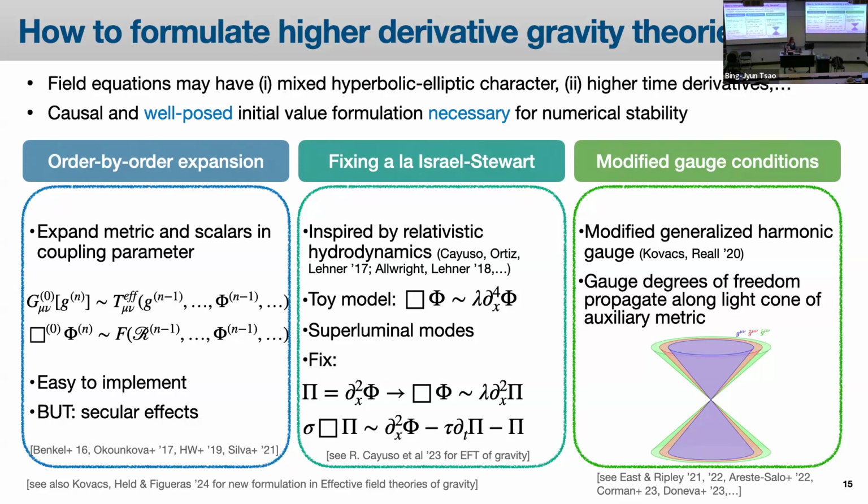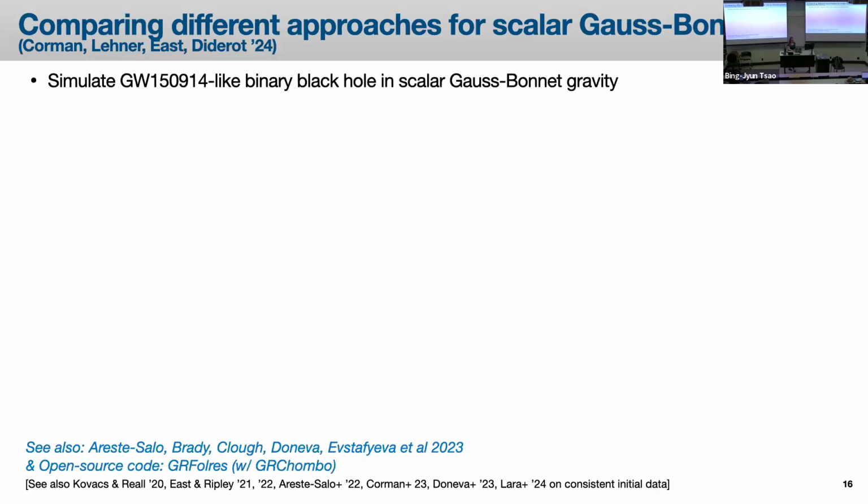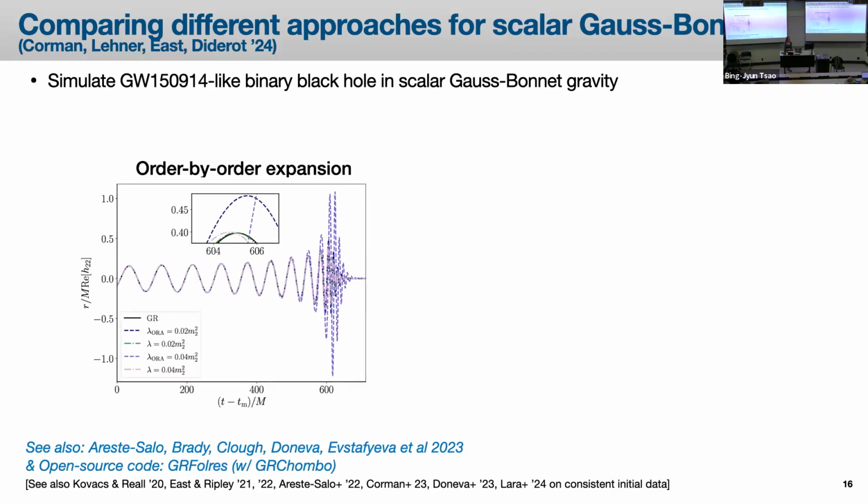Okay, so I actually want to show you a work by Max Corman from last year where she simulated binary black holes similar to GW150914, so the first binary black hole merger that LIGO ever detected, but in scalar Gauss-Bonnet gravity. And she compared, on the one hand, the full solution with the order by order expansion. So what we have here is the 2-2 mode of this gravitational wave strain as a function of time.